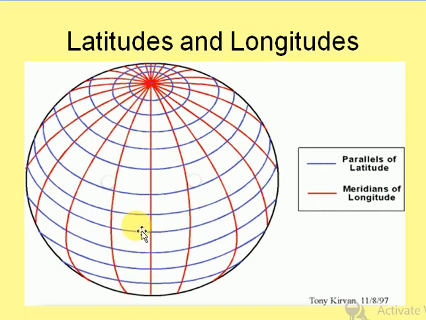A globe shows a series of north-south and east-west lines. The blue ones, which I have separated by different colors for your reference, are your parallels of latitude, and the vertical lines which you are seeing here are longitudes.